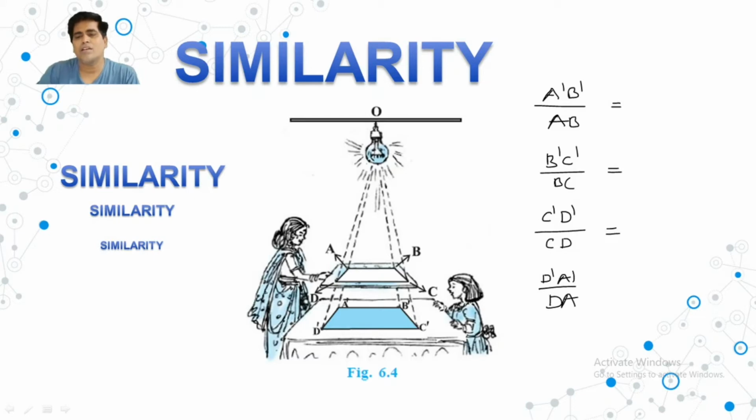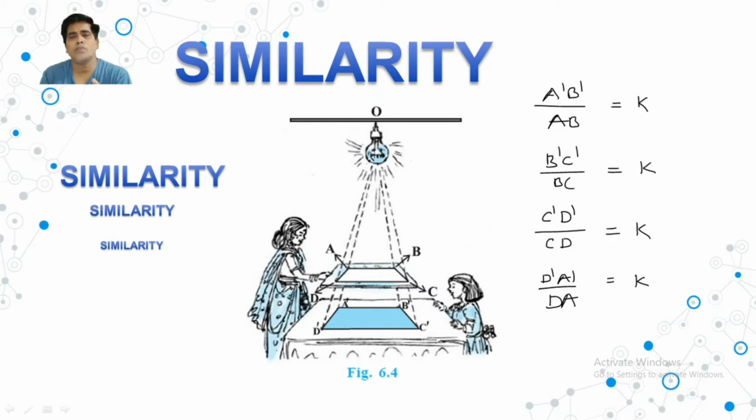Surprisingly, they got this ratio as some constant, equal to the same constant. For all four sides, the ratio is equal to the same constant. So by this they understood that when two figures are similar, the sides are in proportion.